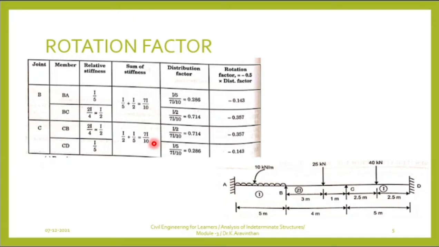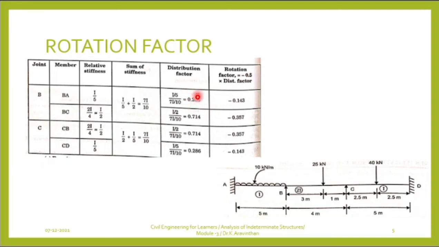How will you find distribution factor? Relative stiffness by total stiffness, that is sum of stiffness. I by 5 by 7I by 10 will be getting 0.286. Same way you will be getting distribution factor. The last column is the new one which is added for Kani's method. The thing is, you should multiply this factor into minus 0.5.